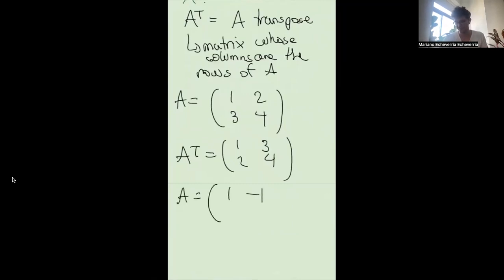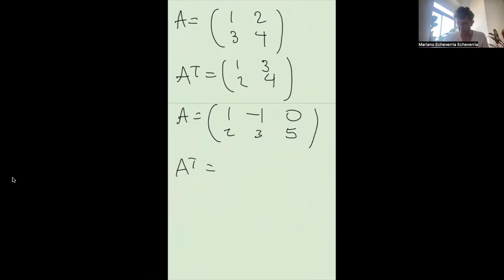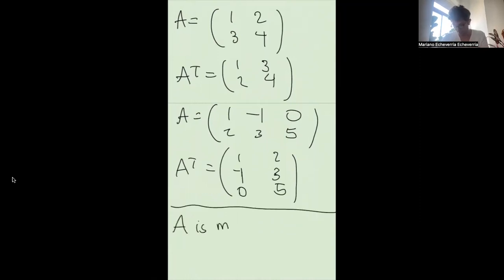If A is 1, -1, 0, 2, 3, 5, then A transpose is, again, you just make the rows vertical: 1, -1, 0, 2, 3, 5. So in general, if A is m by n, A transpose changes the size of the matrix, since it swaps rows with columns. So A transpose is n by m.